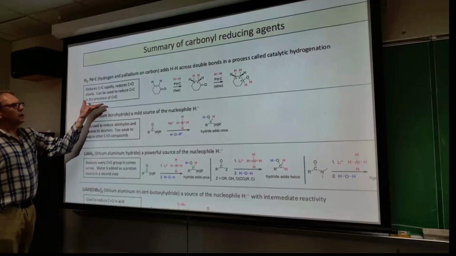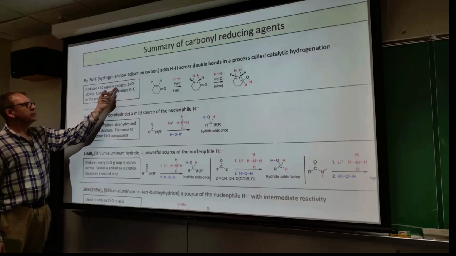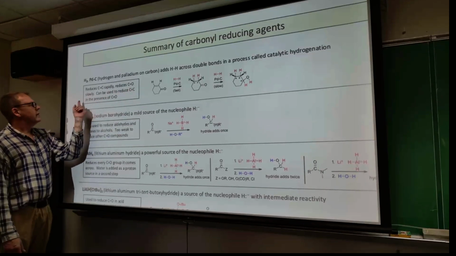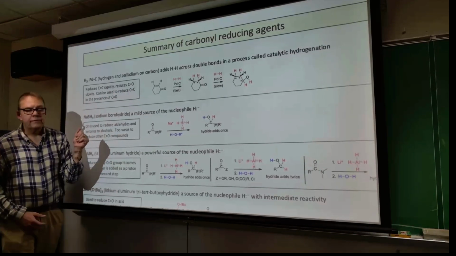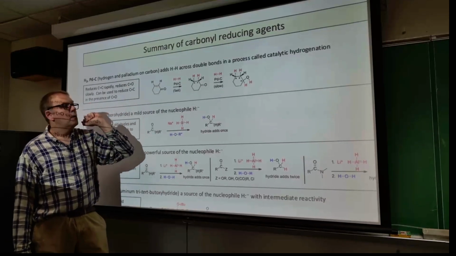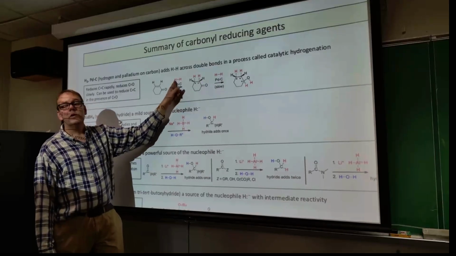And that's what this box is summarizing in words. It says reduces C double bond C rapidly, reduces C double bond O slowly, can be used to reduce C double bond C in the presence of C double bond O. So say, for example, you just wanted to reduce the carbon-carbon double bond here. All you need to do is this reaction, limited to one equivalent of hydrogen.